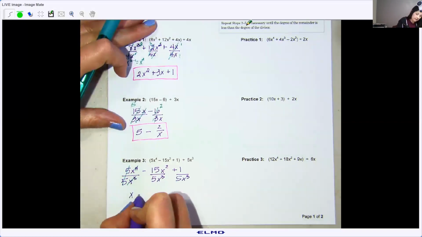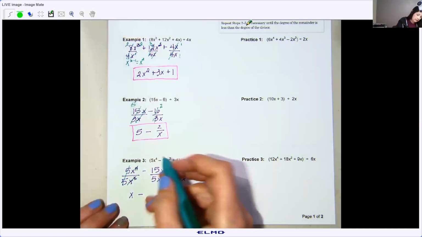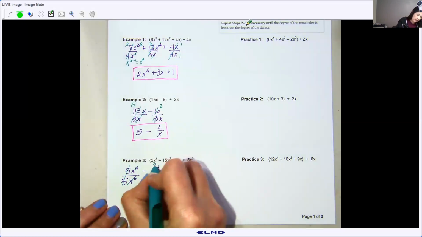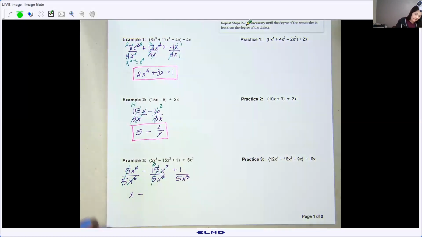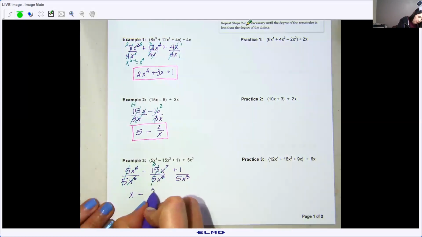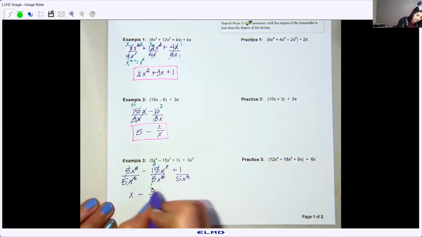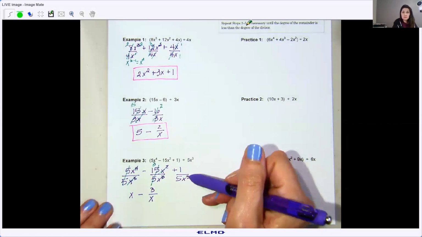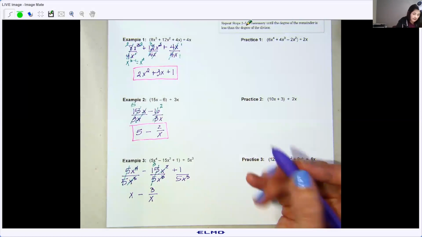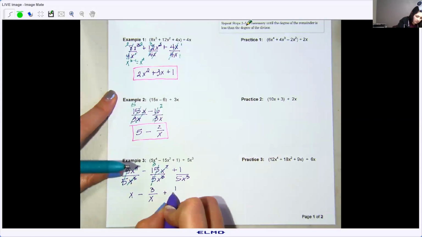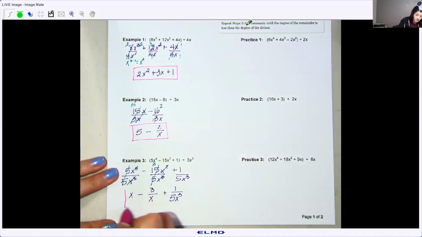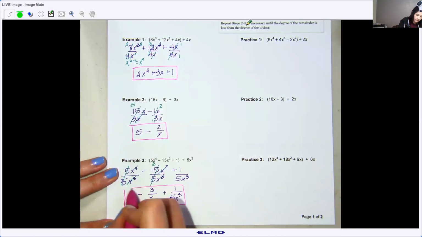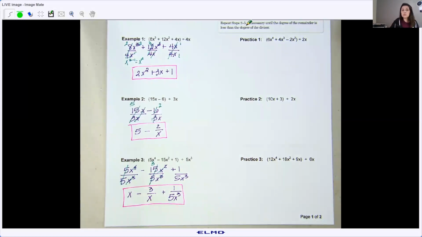So x minus, so 15 divided by 5 gives us a 3. These cancel out, and we're left with 1 here. So we have 3 over x. And then here, we can't simplify anything there, so that just stays the way that it is. Okay, and that is the answer. Okay, so first page is already done.